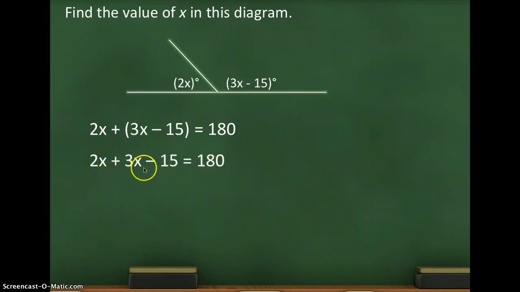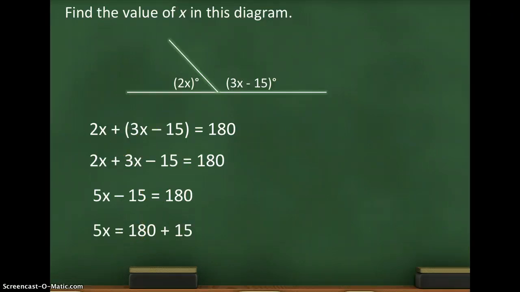Now let's combine like terms. 2x and 3x are like terms, so we can add these two together. So 2x plus 3x is 5x minus 15 equals 180. Now we have a two-step equation, and in a two-step equation we solve the addition or subtraction first. Here it's a subtraction, so minus 15, the opposite is plus 15, so plus 15 on both sides.